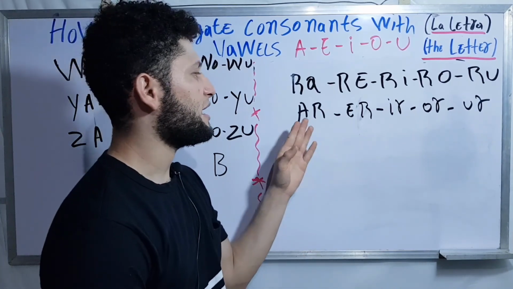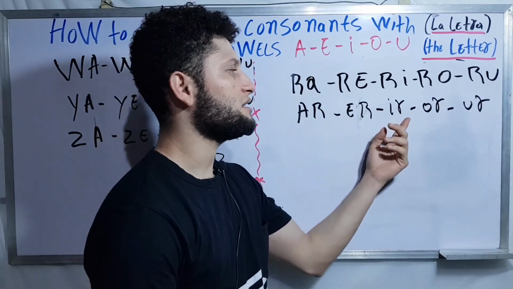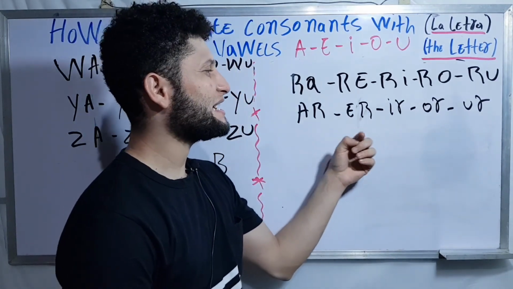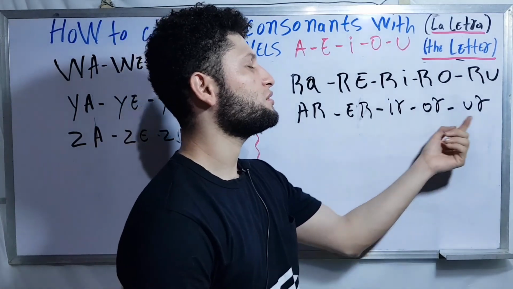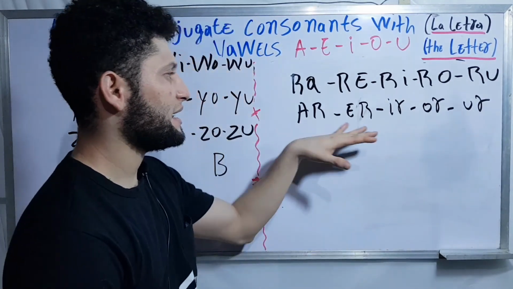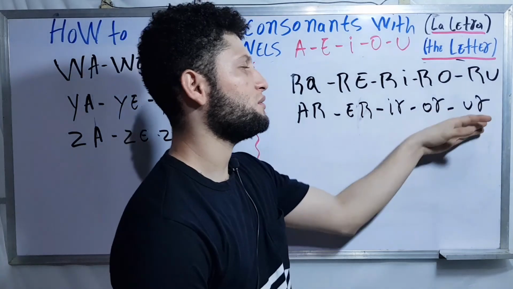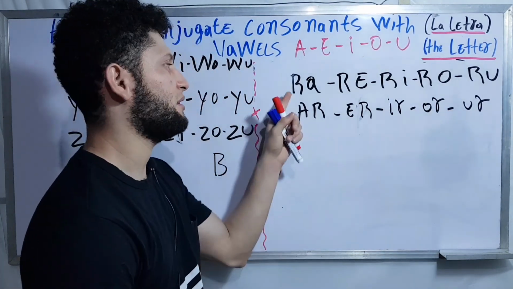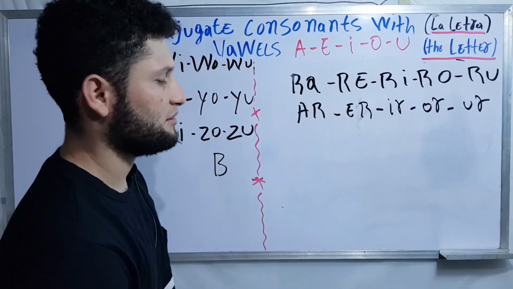In this case it is ar, er, ir, or, ur. Okay, now something that you need to know about this letter at the beginning in a sentence.